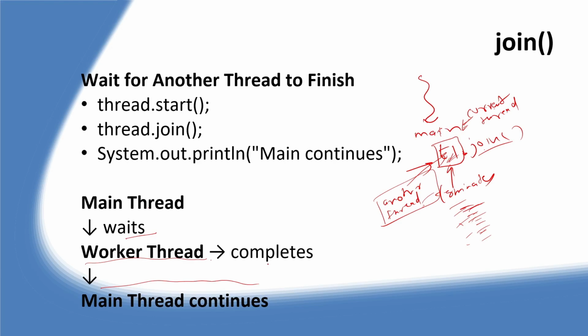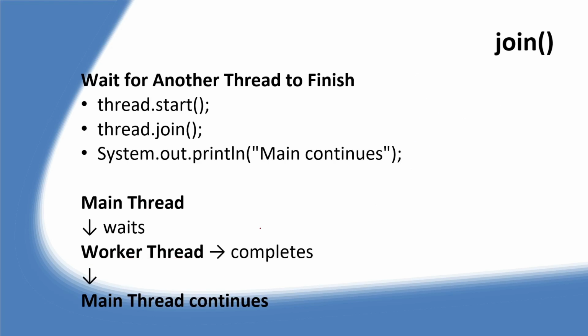Okay, now we will see the difference between sleep and join. Sleep and join can look similar because both may cause the current thread to temporarily stop progressing, but their purpose is very different.